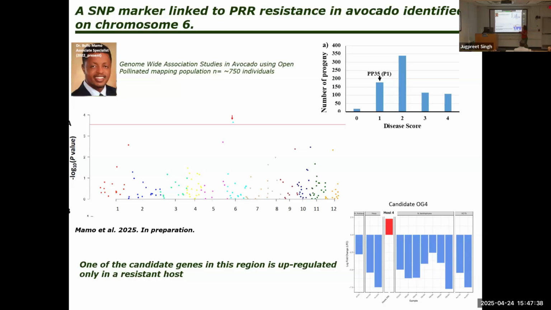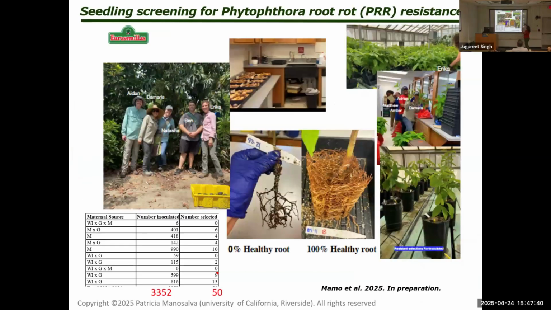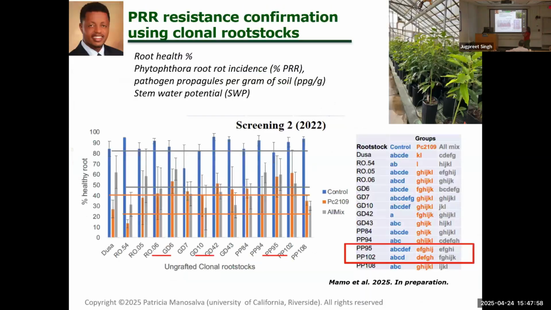Rather than do all this inoculation of these 3,000 seedlings, we just do a PCR and find the presence of this gene or this marker, and then from 3,000 only inoculate 20, for example. So we don't have to use the whole greenhouse, but maybe one bench. So that's the goal of trying to use genetics to facilitate the breeding.